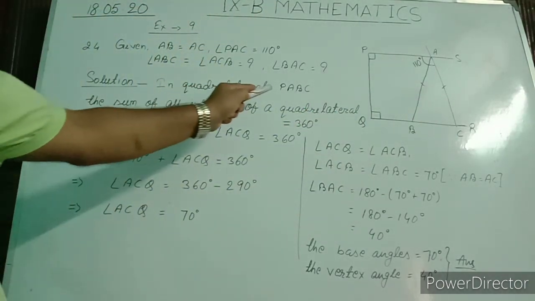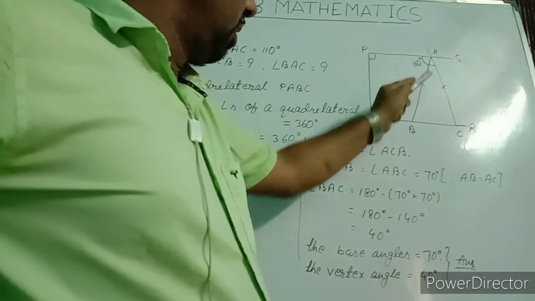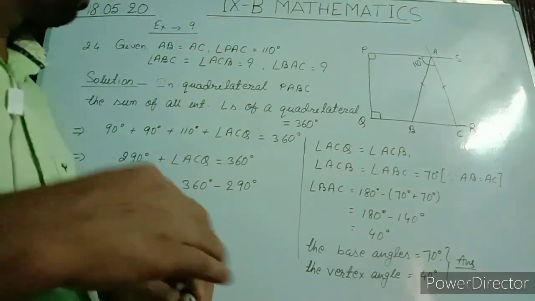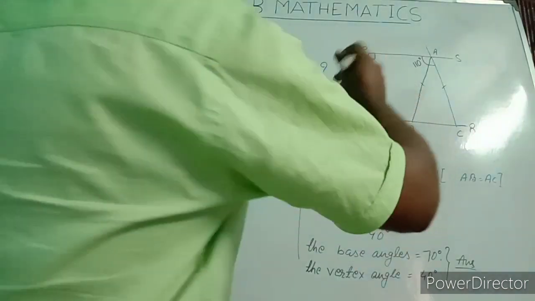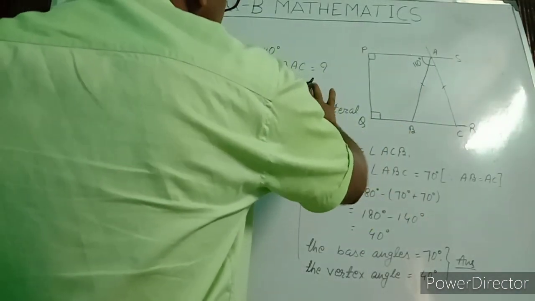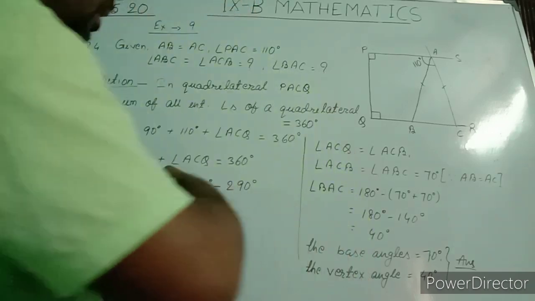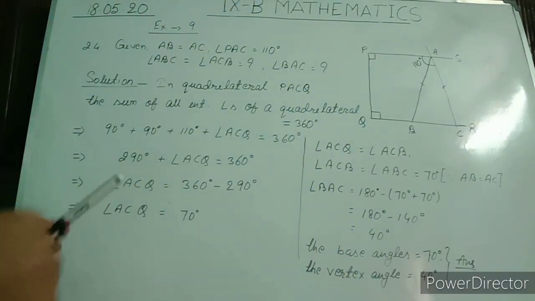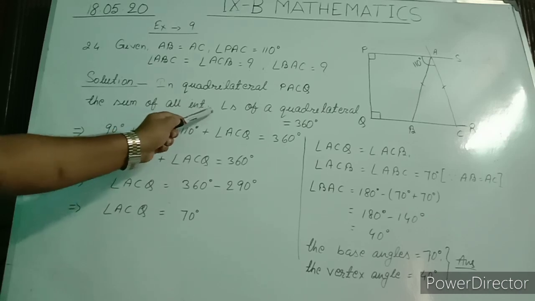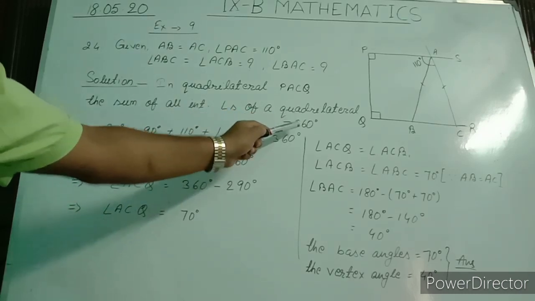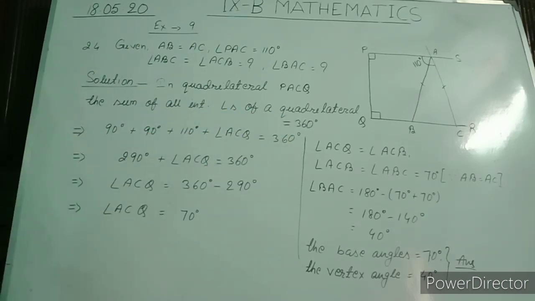So in quadrilateral PACQ, the sum of all interior angles of a quadrilateral is equal to 360 degrees.